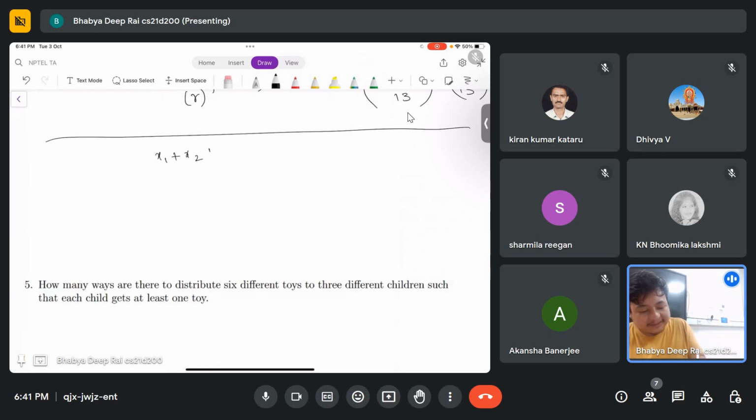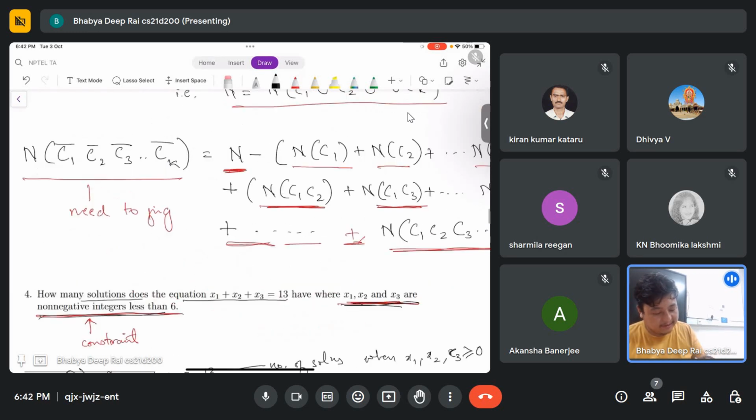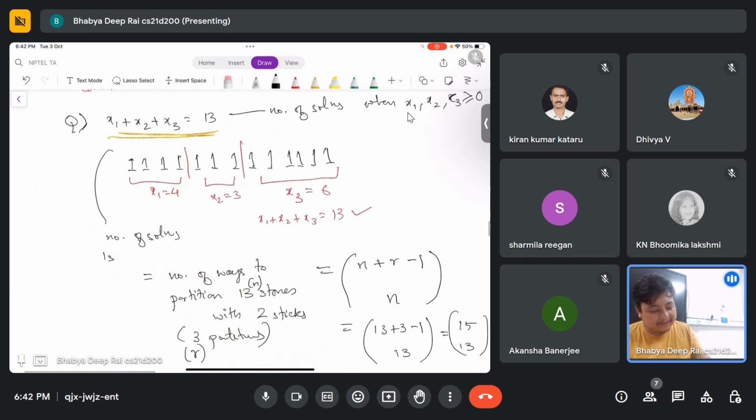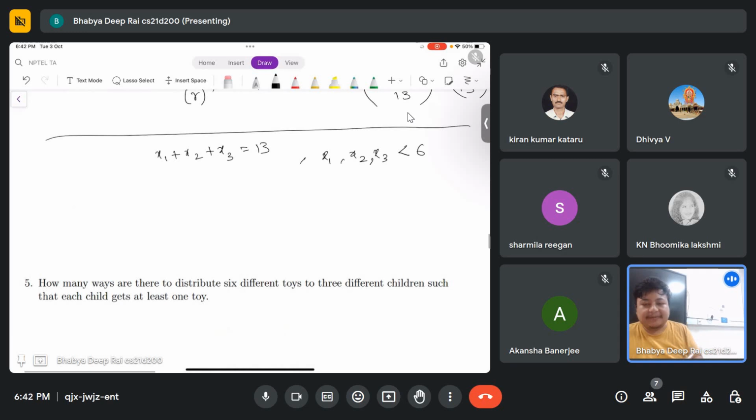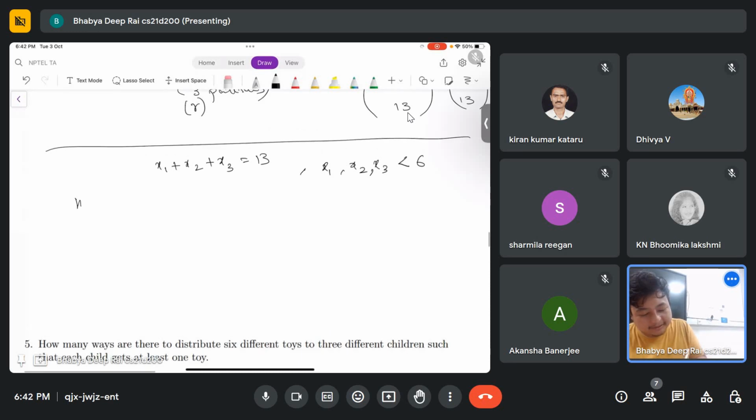x1 plus x2 plus x3 equals 13, the number of solutions for this, where x1, x2, x3 are non-negative integers less than 6. What we always need is to find this n of c1, c2, c3 bar.